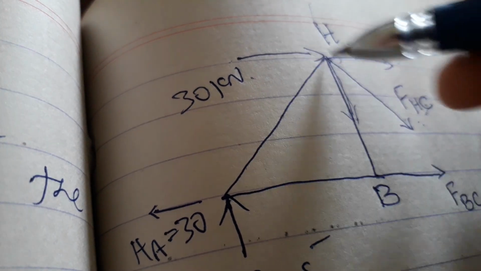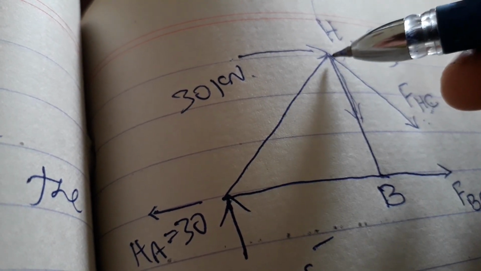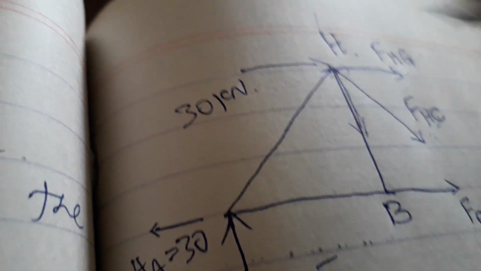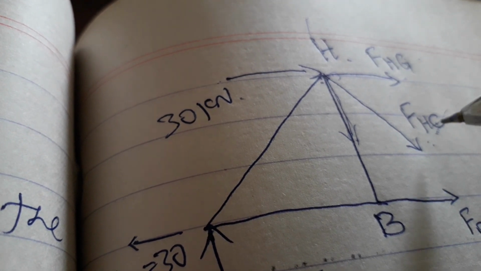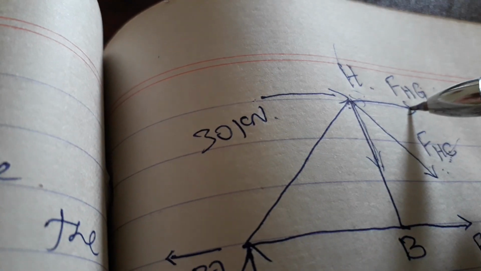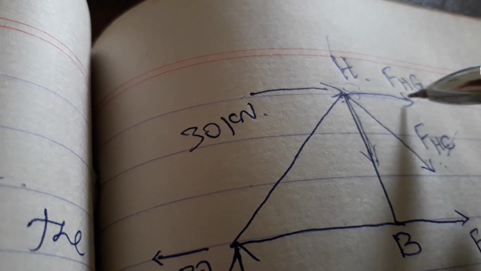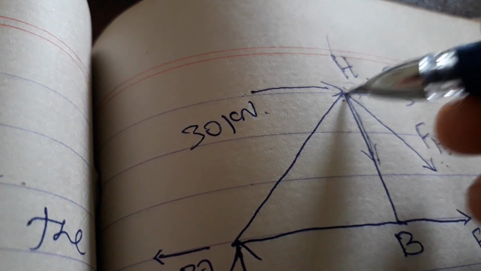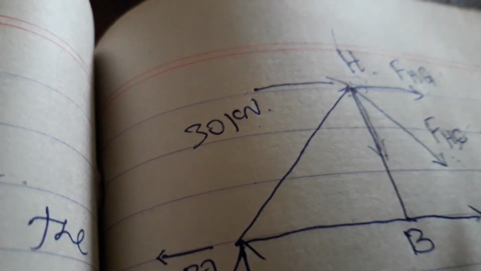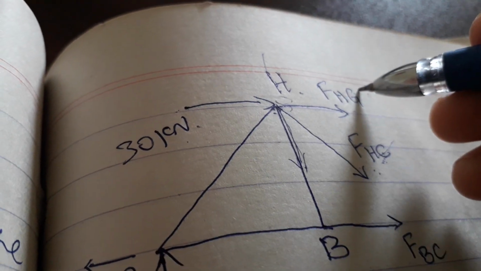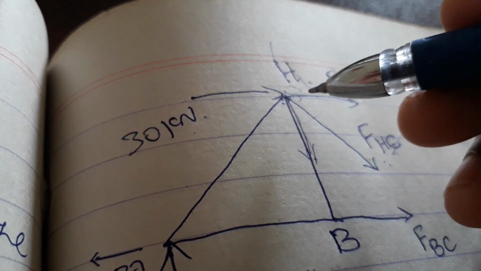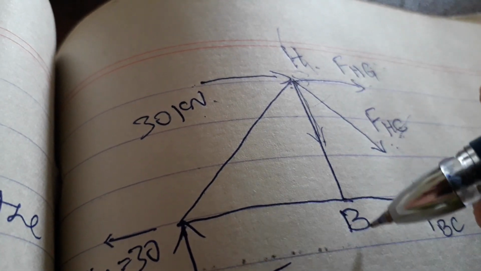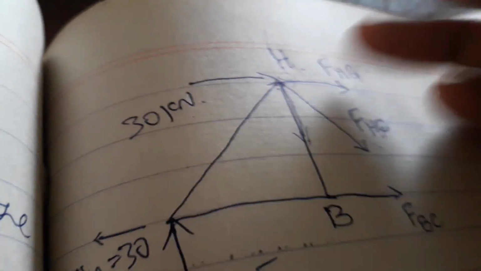The line of action passes through the joint H, and in the fourth quadrant X is positive, so the component force will be like this, that is also passing through the joint H. So FHC and FHG will be equal to 0 because the perpendicular distance is 0, and even this FHB will be equal to 0.